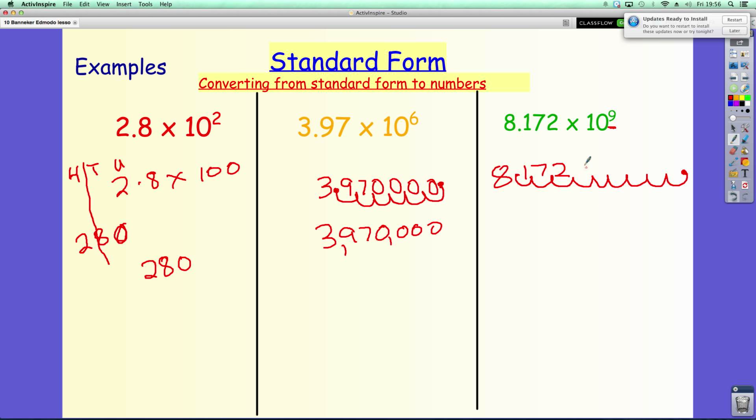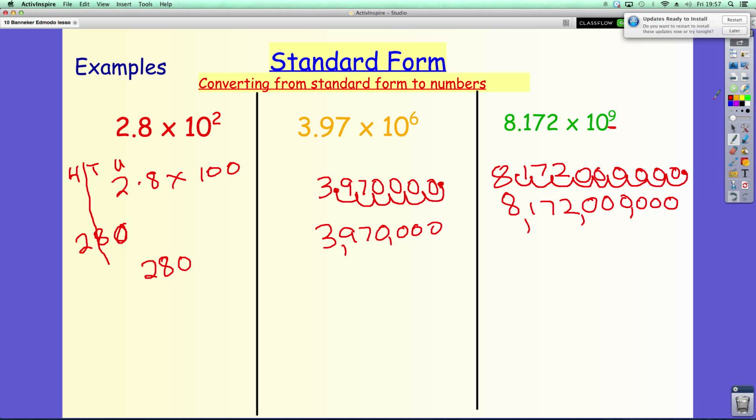Decimal point at the end. 0, 0, 0, 0, 0, 0. And so it's 8, 1, 7, 2, 1, 2, 3, 4, 5, 6 zeros. And that leaves us with 8,172,000,000.